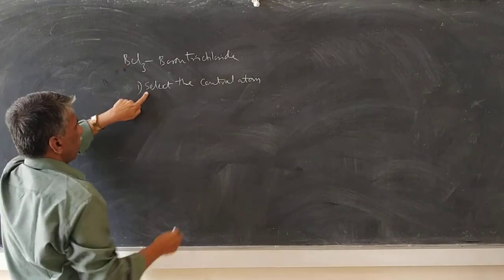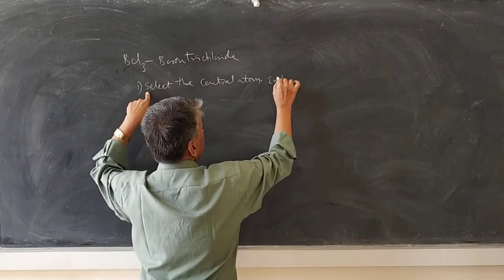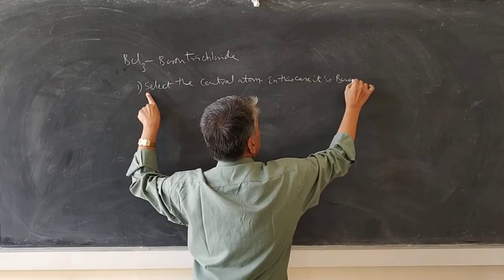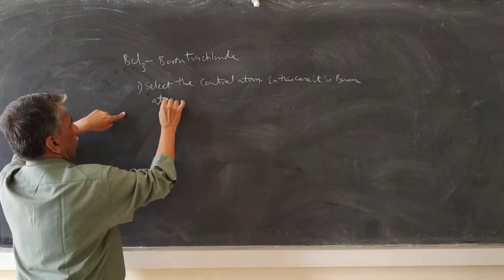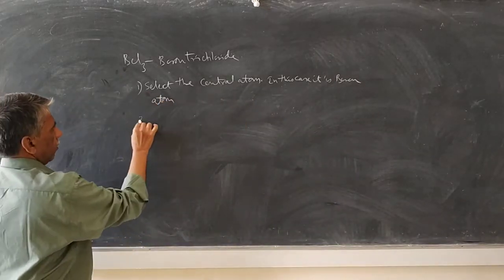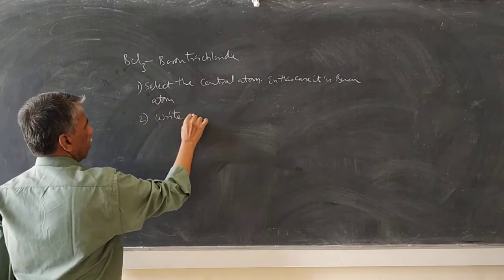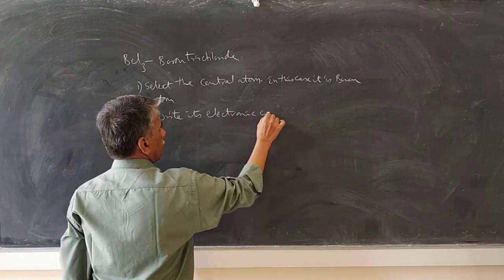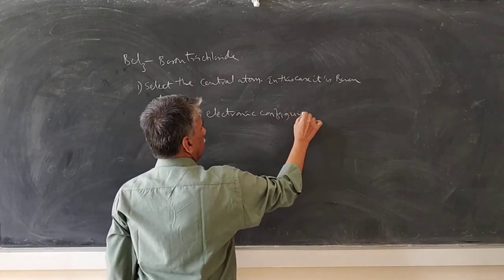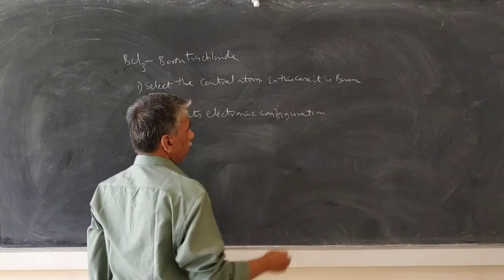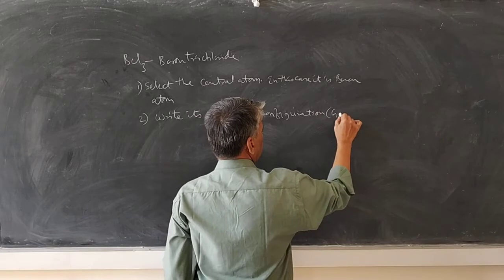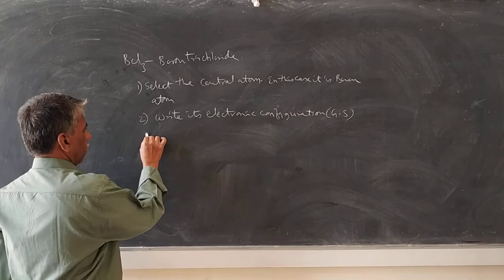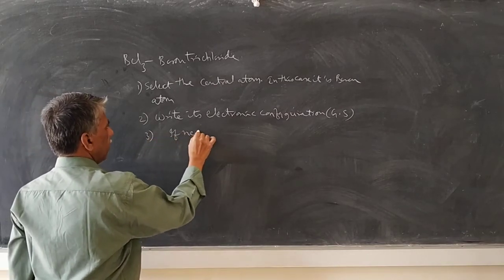In this case, it is boron atom. Next, the second step: write its electronic configuration. And this is called the ground state configuration.